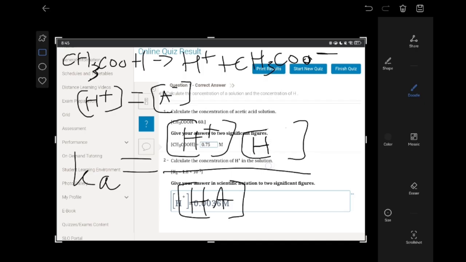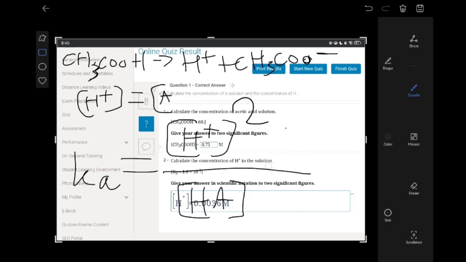We're not trying to find the compound itself, we're trying to find the concentration. So what's H plus times H plus? It's like asking what's X times X? It's just X squared. So Ka is the concentration of H plus squared over the concentration of the acid.